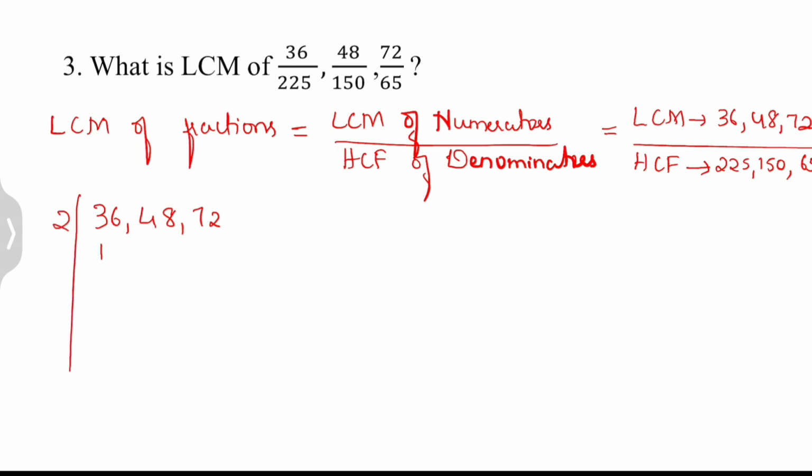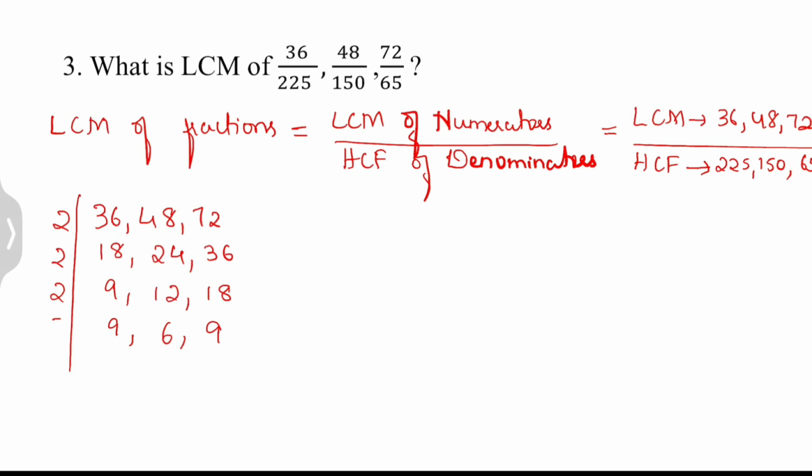Dividing by 2: 2 1s are 2, 2 8s are 16, 2 2s are 4, 2 4s are 8, 2 3s are 6, 2 6s are 12. Again 2 9s are 18, 2 12s are 24. Next again 2, keep 9 as it is, 2 6s are 12, 2 9s are 18.